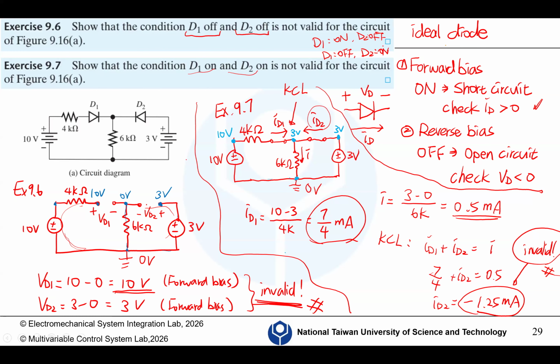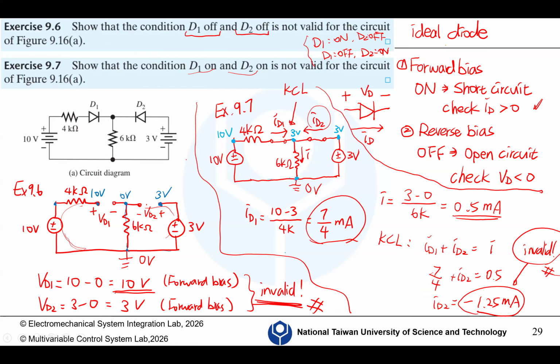So you have 4 options, and you need to check all of them until you find one condition that satisfies your assumption. And that's the answer. There will only be one answer.